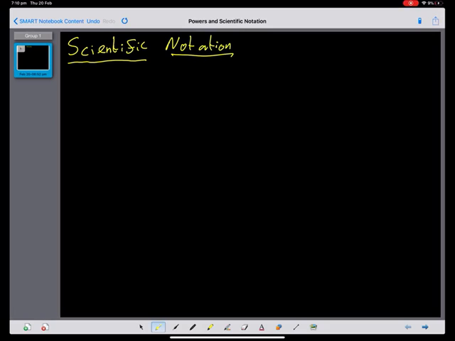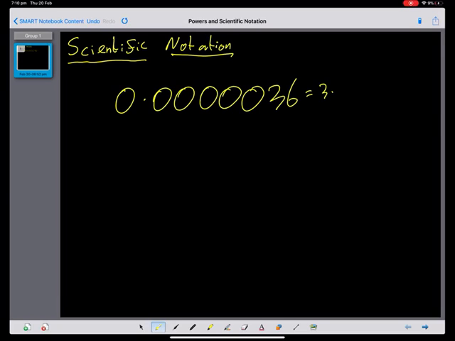So for instance, a cell diameter could be 0.000036 microns. Now, that is not convenient to write down in scientific literature. So we shorten this by saying that is equal to 3.6 times 10 to the negative 1, 2, 3, 4, 5, 6.